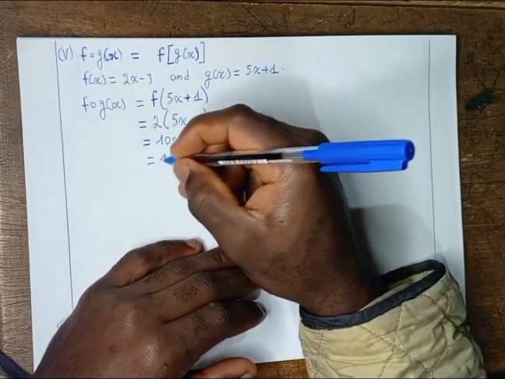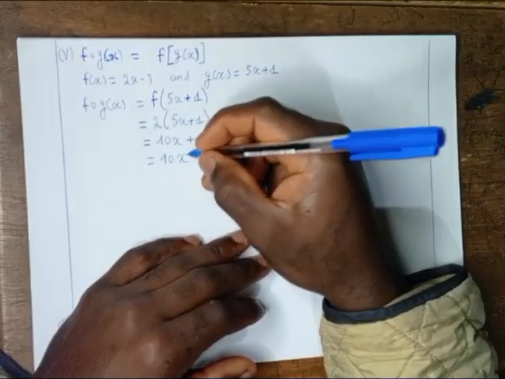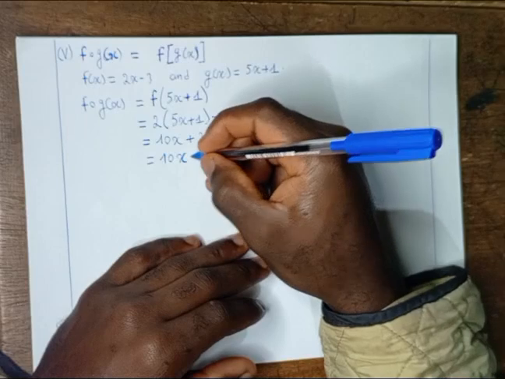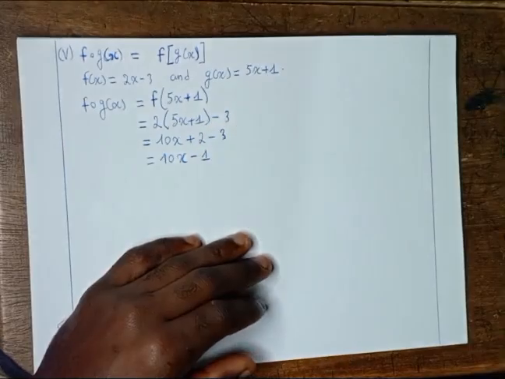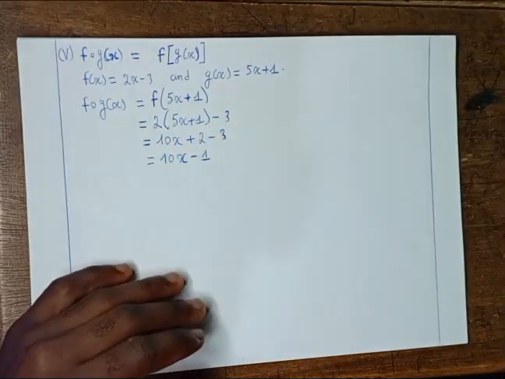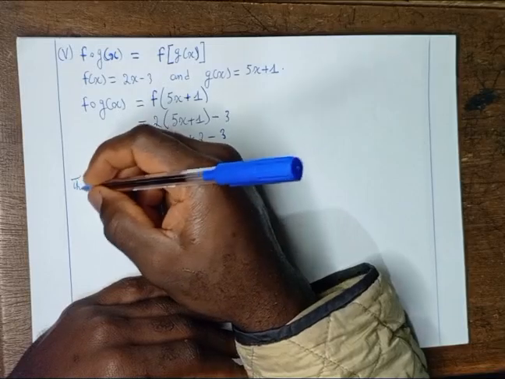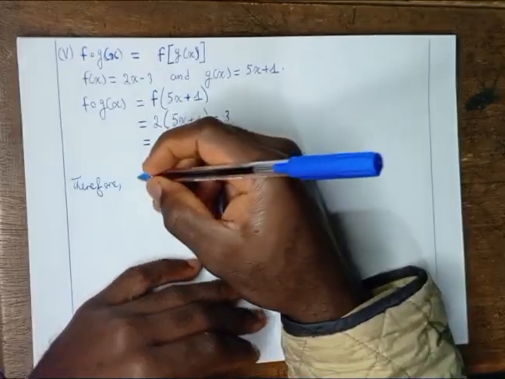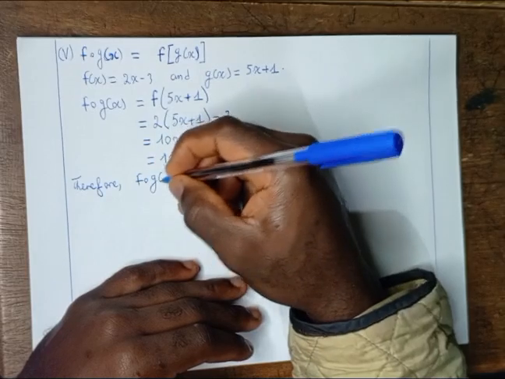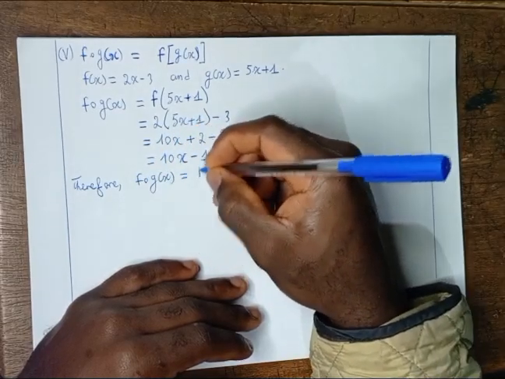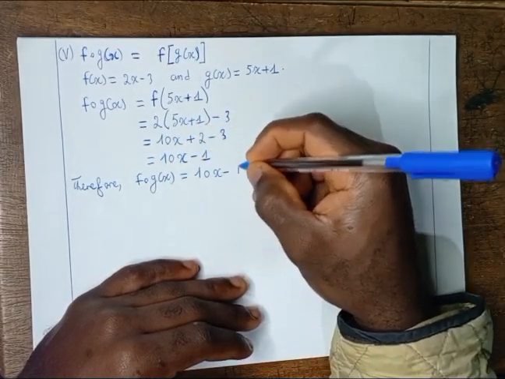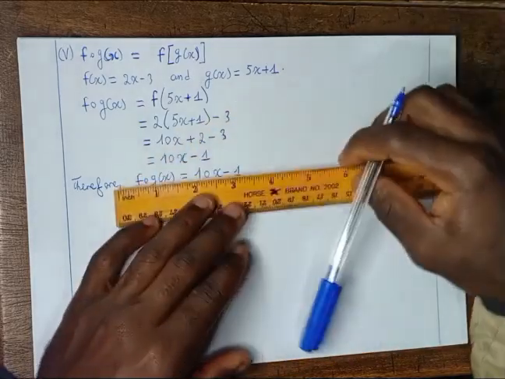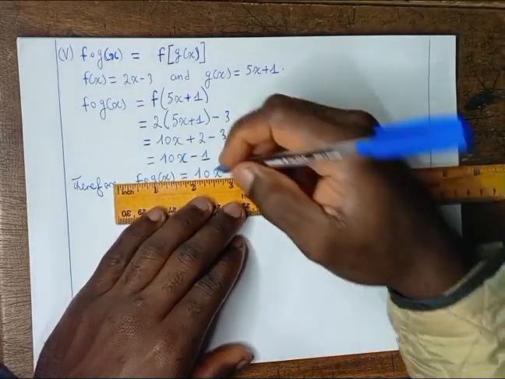So this is simply equal to 10x, and 2 minus 3 gives us negative 1. We're going to conclude therefore that the composite function f of g of x is simply equal to 10x minus 1. We're done.